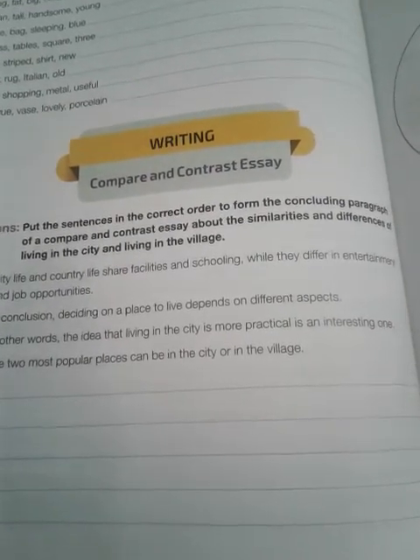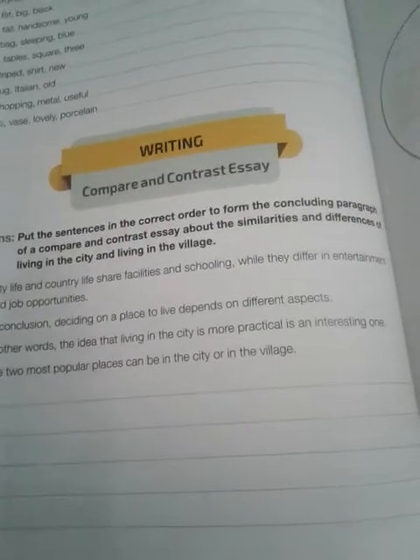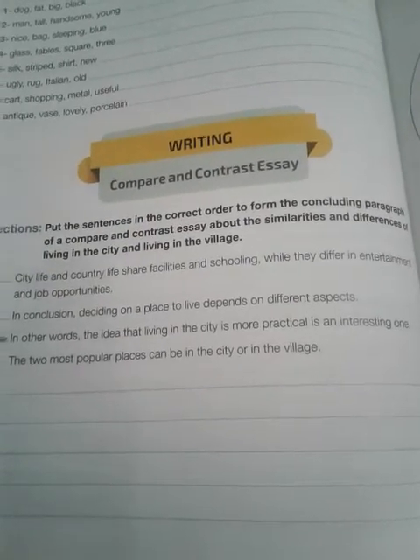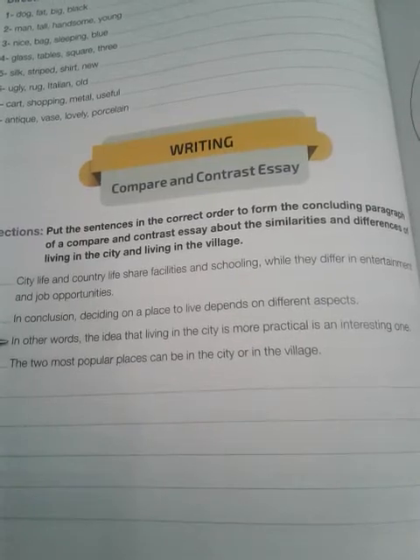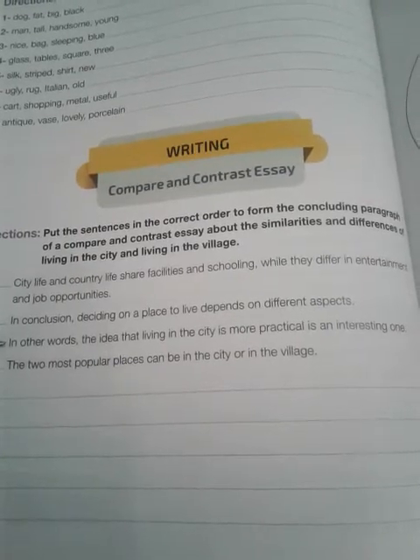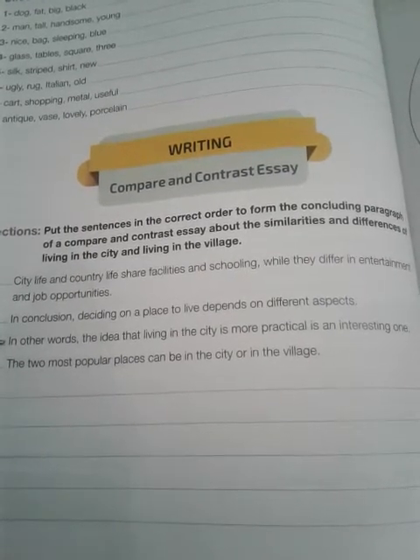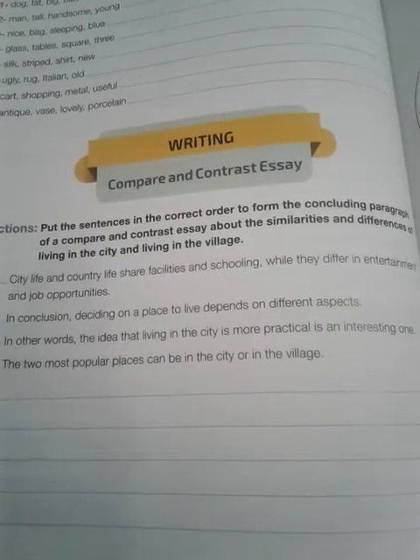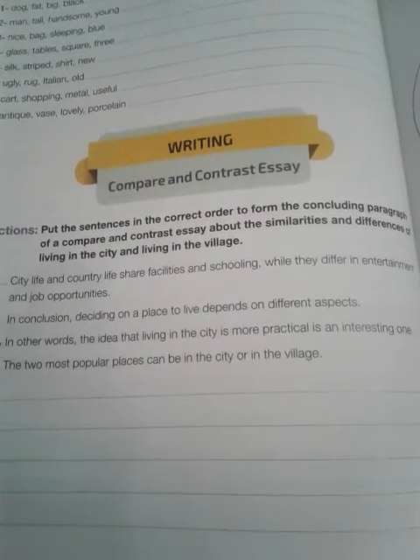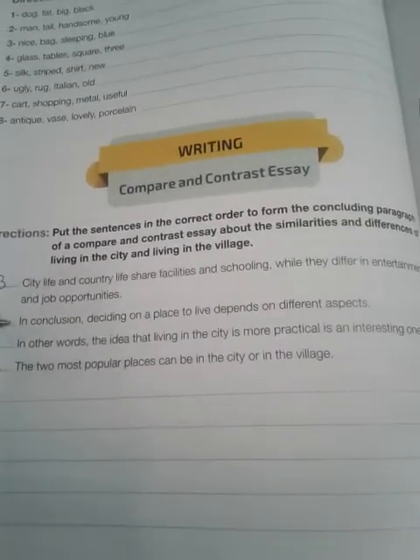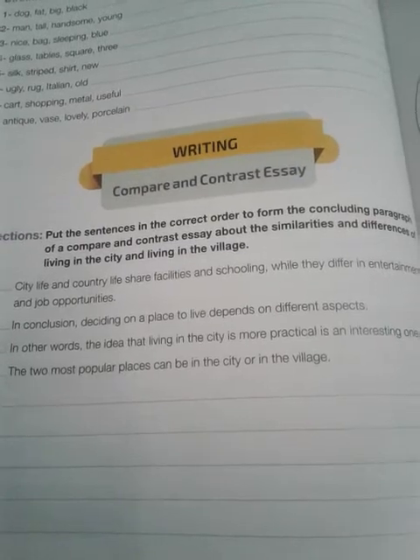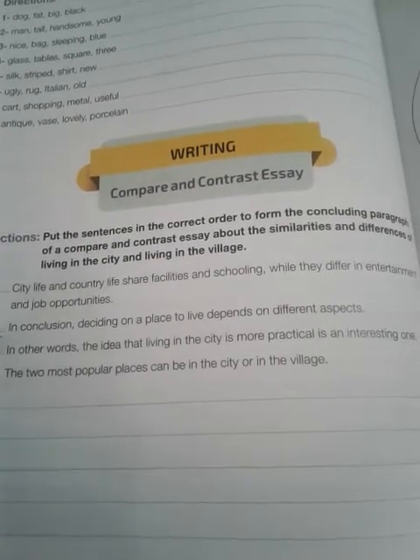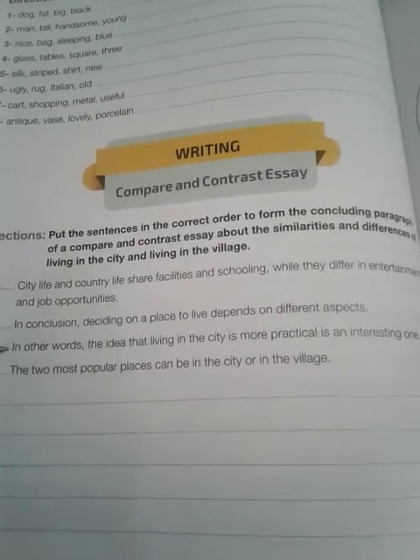Yes, it's usually the last sentence, when you give your opinion about which one is more interesting or which one is more practical. This is your final thought, which means the final sentence of the concluding paragraph. So I've got sentence number 1, which contains "in conclusion", and the last sentence, which contains my opinion. So this one is sentence number 4.